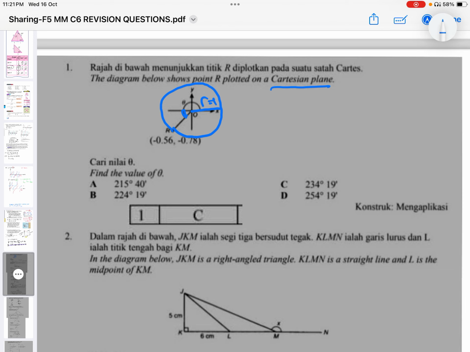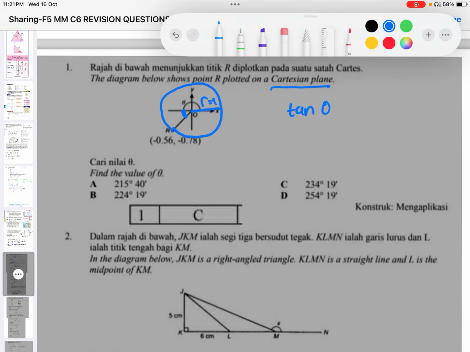Okay, so by using tangent theta, whatever label you want to put. So let's put tan x for the remaining, which is going to be equal to y over x.